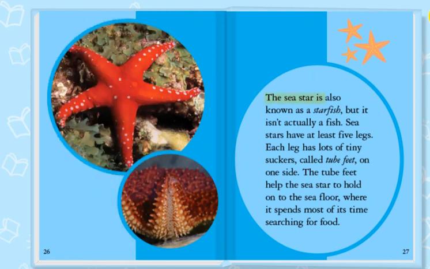The sea star is also known as a starfish, but it isn't actually a fish. Sea stars have at least 5 legs. Each leg has lots of tiny suckers, called tube feet, on one side. The tube feet help the sea star to hold on to the sea floor, where it spends most of its time searching for food.